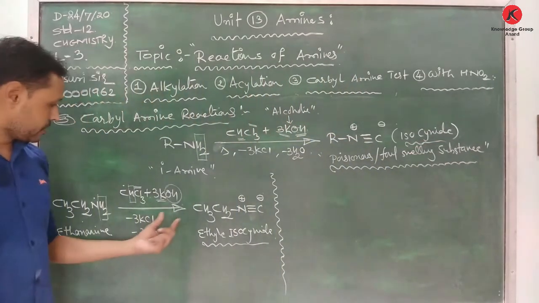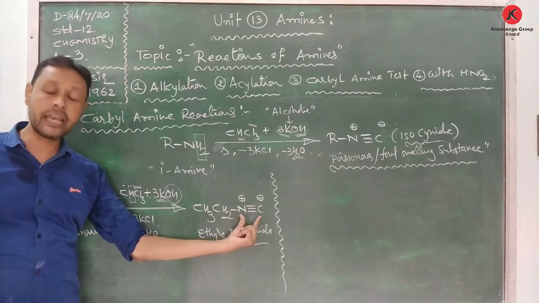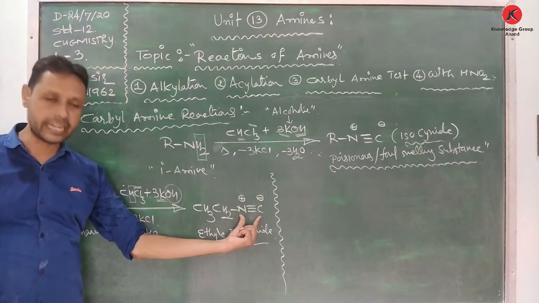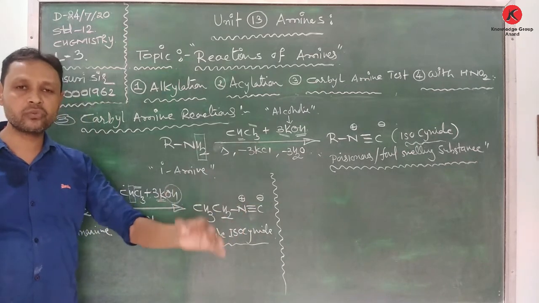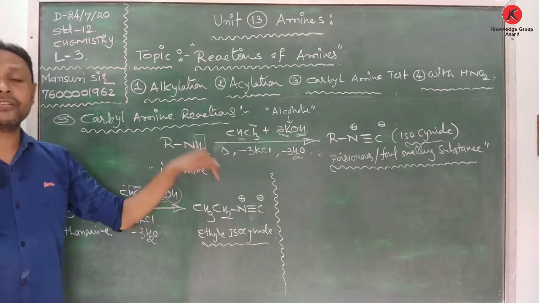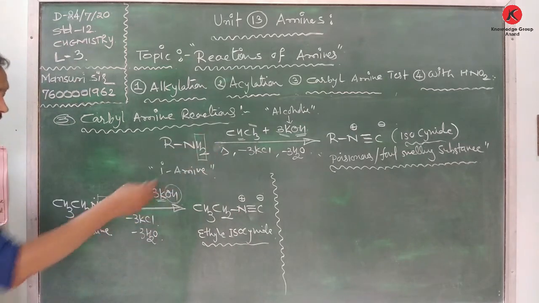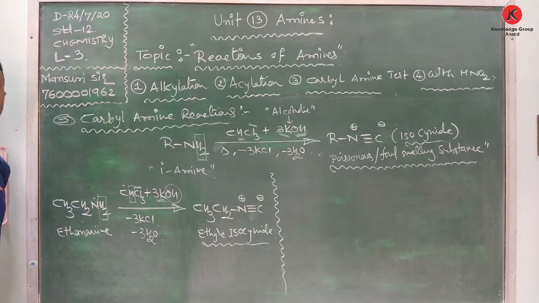If here it is CN, then it will be called cyanide. But here first is nitrogen and thereafter carbon. That is why we can say that this is an isocyanide substance, which is a poisonous and foul-smelling substance.